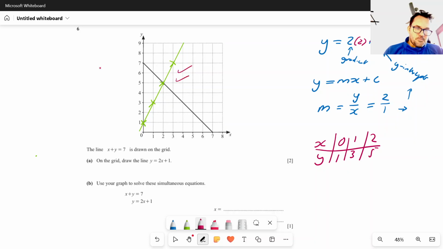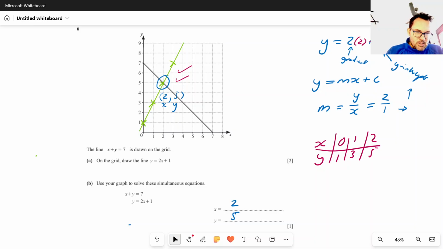2 marks. Right, next is use the graph to solve the simultaneous equations. That's also 1 mark. So I shouldn't be spending a lot of time on this. It should be straightforward because you only have to read off where they cross. And where they cross, the coordinate is along the corridor 2, up the stairs 5. Remember, the first value is the x, the second one the y, so that means it's 2, 5.